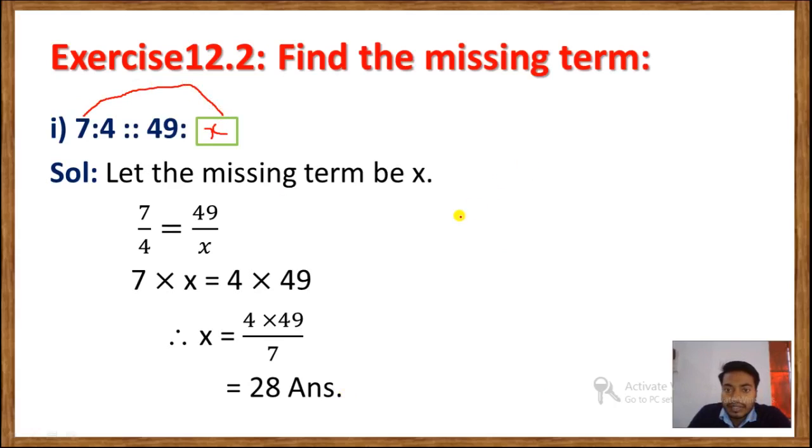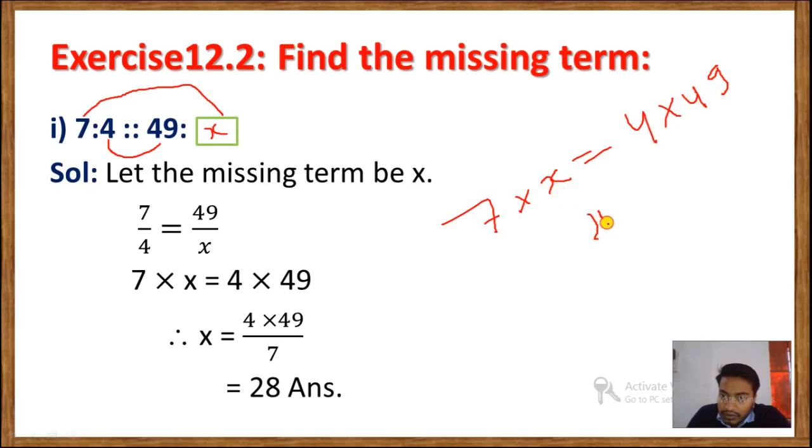Then 7 into x is equal to multiplying the means, that means 4 into 49. Now we have to find the value of this x.